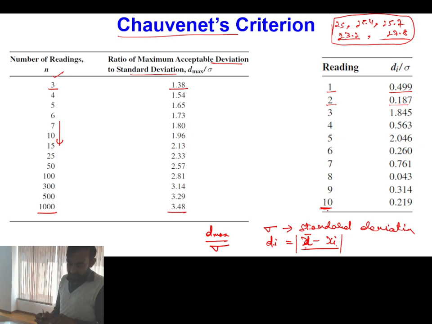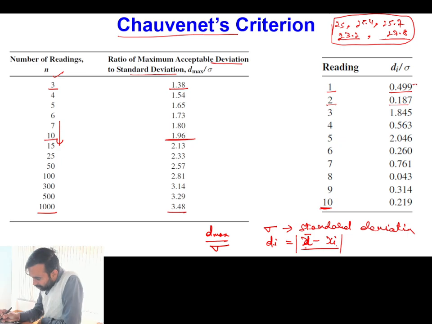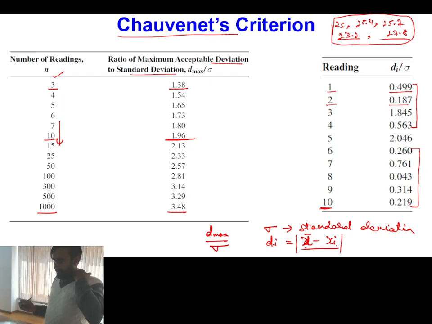Now you can see that for 10 readings, the acceptable value of d max by sigma is 1.96.